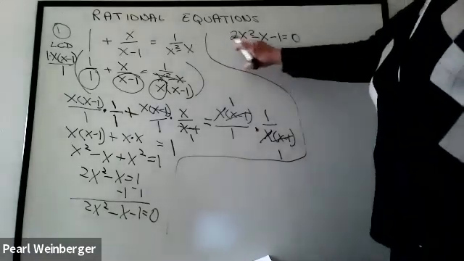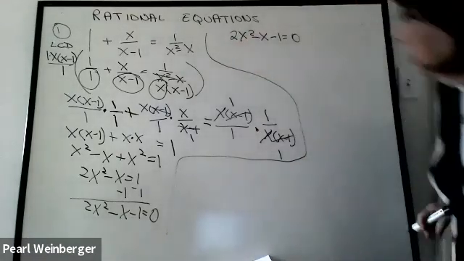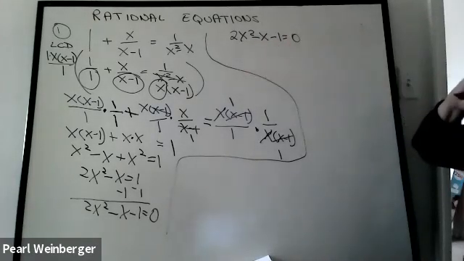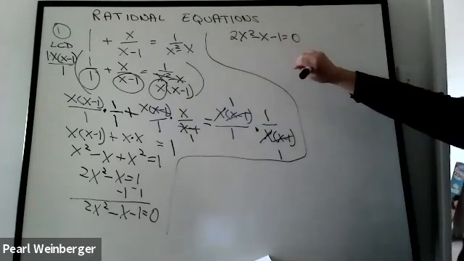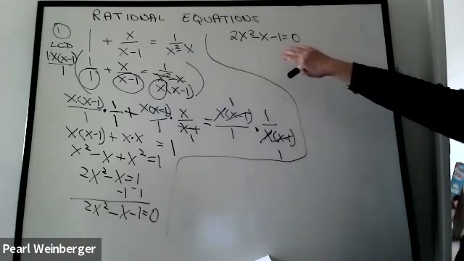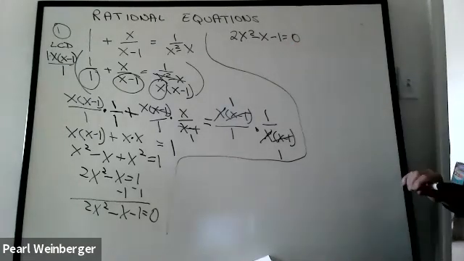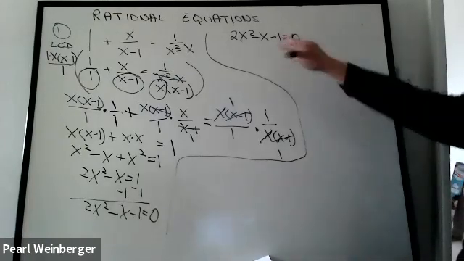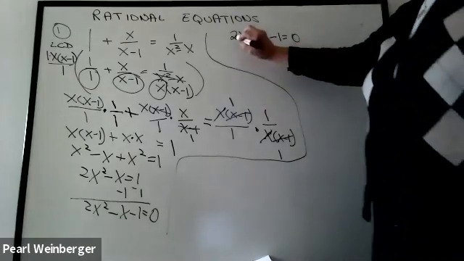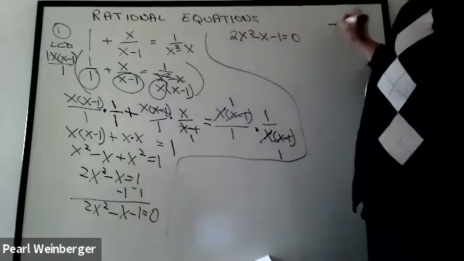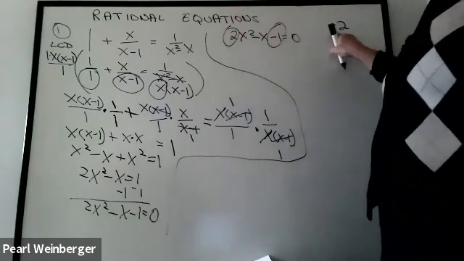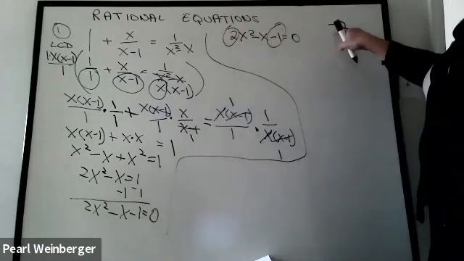Now, we have a leading coefficient here of 2. Unfortunately, we can't factor out that 2. We have to use the AC method on this because we have a leading coefficient of 2. So I'm going to multiply the 2 times the 1, which will give me negative 2. And that means I'm going to be looking for 2 numbers that are going to multiply.